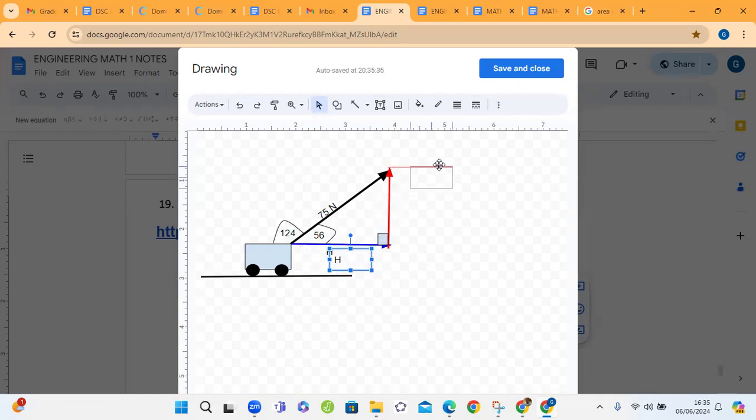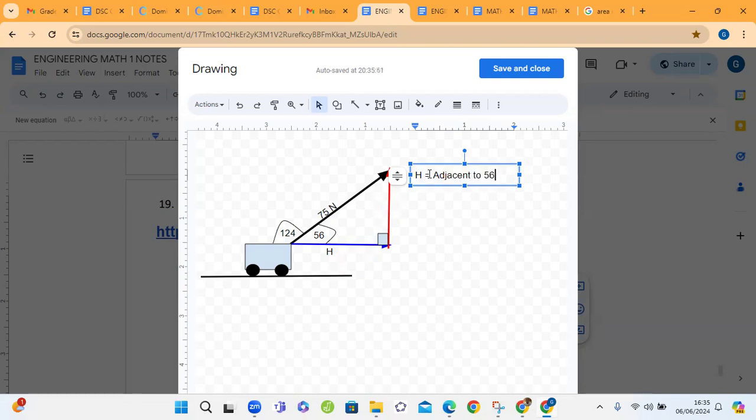H is the adjacent to the 56 degrees. 75 is the hypotenuse.